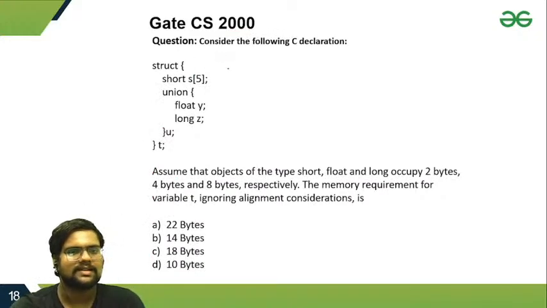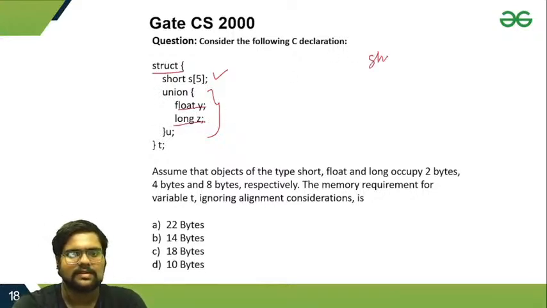In this, we have a structure with two members. One is a short array of five, and then we have a union as a member. We have declared the union inside the structure, in which float y is there and long z is there.